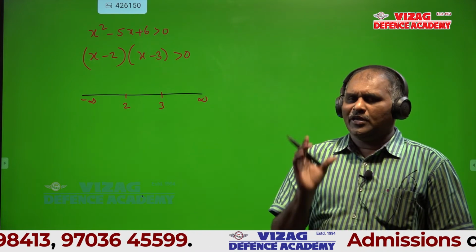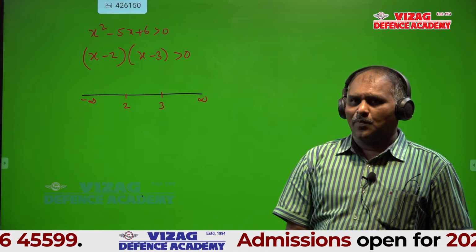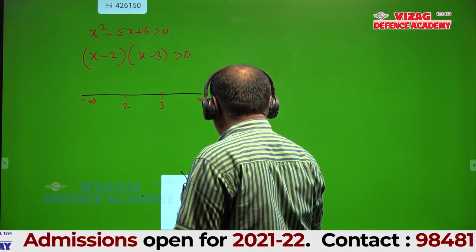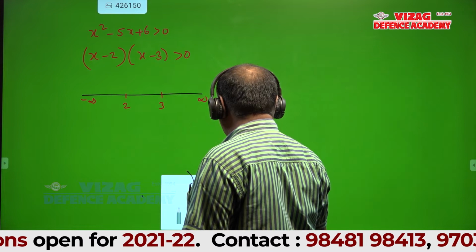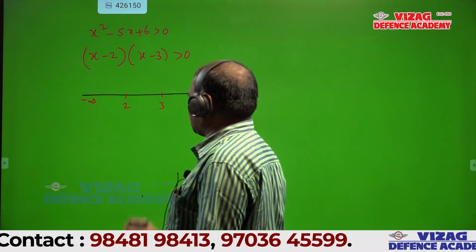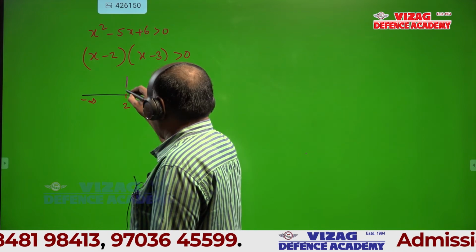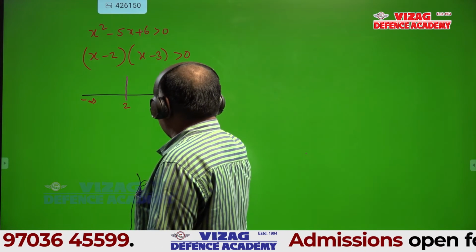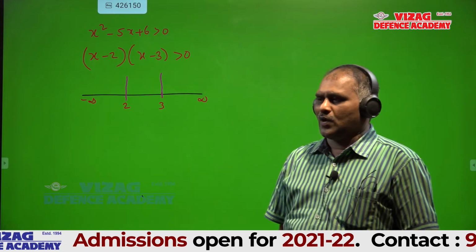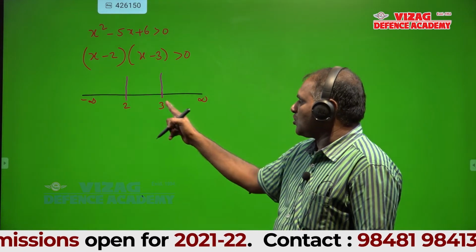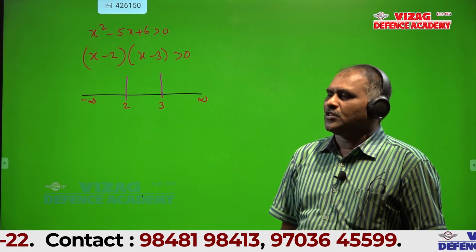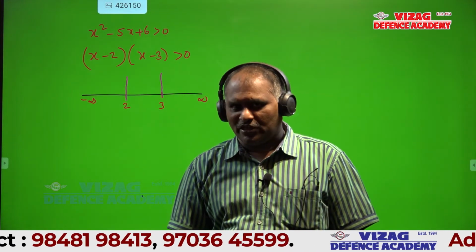In the graph there are 3 types of partitions. What are the 3 types of partitions? By observation: minus infinity to 2 is one partition, 2 to 3 is another partition, and 3 to infinity is the third partition.